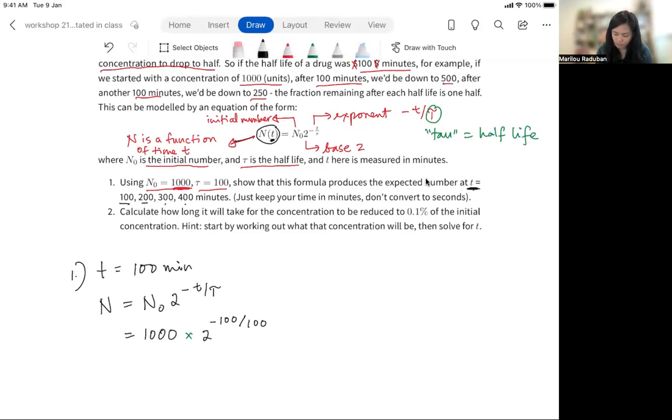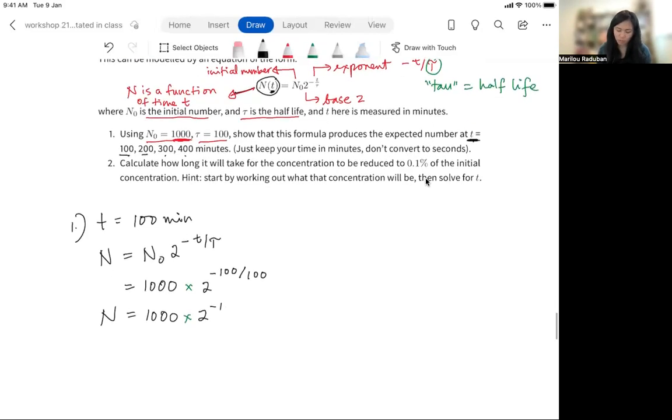So that's 1000 times 2 exponent negative 1. You can carry out the calculation in your calculator, and that should give you 500, which is what we predicted conceptually.